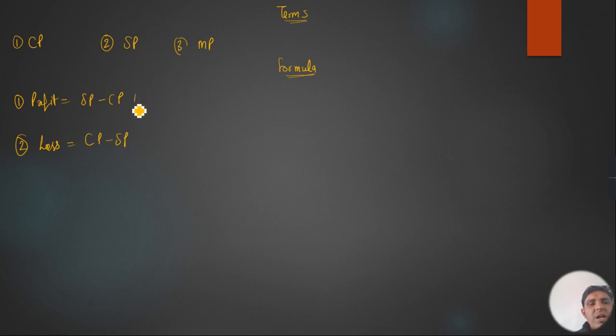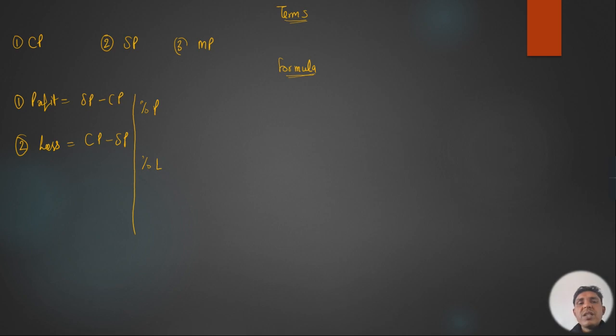Whenever we have to find out percentage profit or percentage loss, both are calculated on cost price. What does it mean? You can correlate the same thing with percentage. When you have to find the percentage change, it is always calculated on the original value, right?